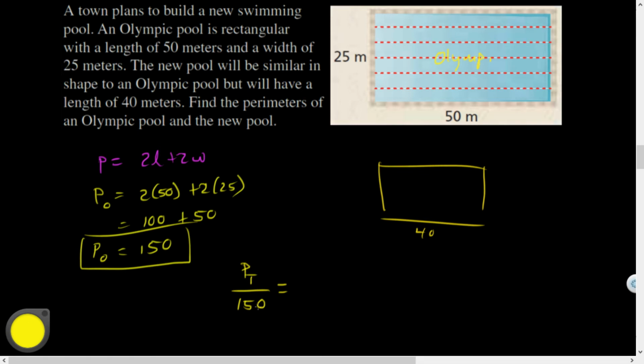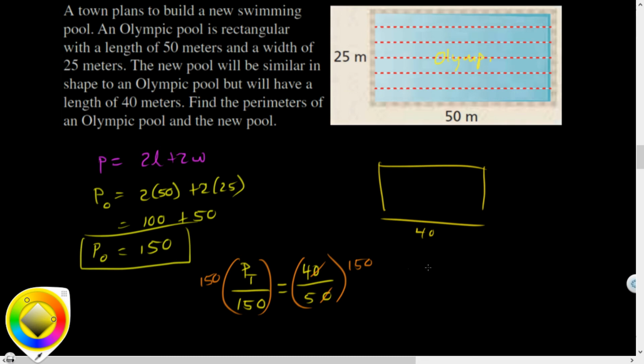The perimeter ratio is actually going to be the same as the ratio of any of their linear dimensions. So I'm going to say the town's length over the Olympic length. If I'm going to solve for the town perimeter, I can just cancel out those zeros there. Multiply both sides by 150. Both of those are divisible by 10. That's just a nice divide by 10 trick. It's a good trick, isn't it?